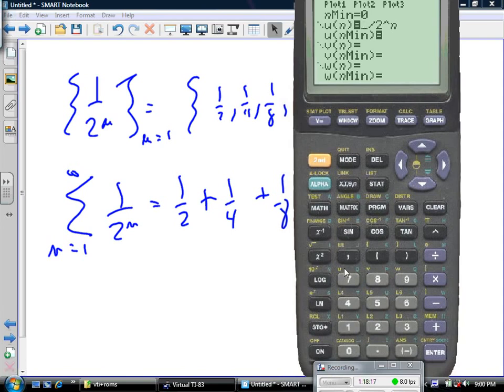And you're going to use second 7, open parentheses, of n minus 1, close parentheses, plus. Now, does that look familiar? Isn't that the notation we use for Newton's method? Right? X sub n was x sub n minus 1 minus f of x sub n minus 1 over f prime of x sub n minus 1. The same kind of notation.